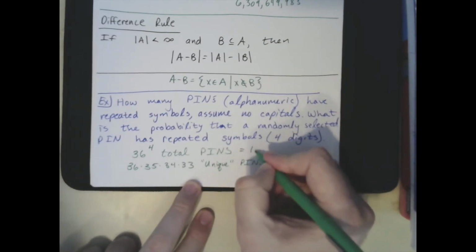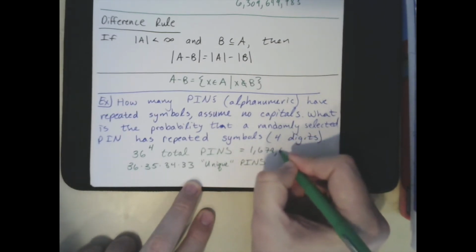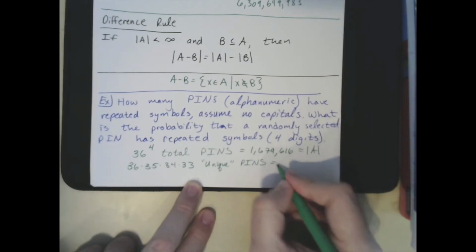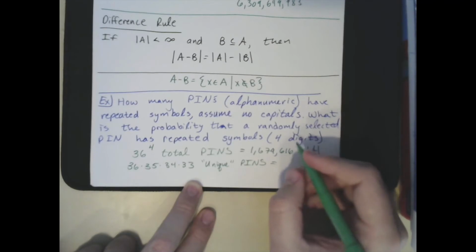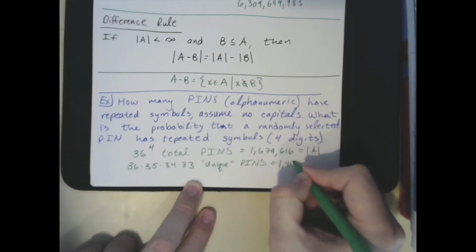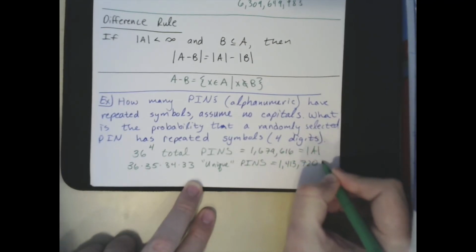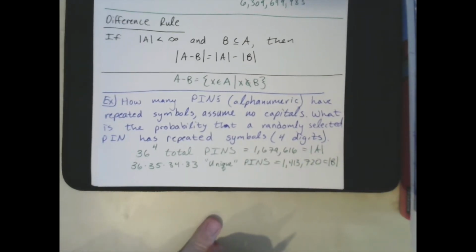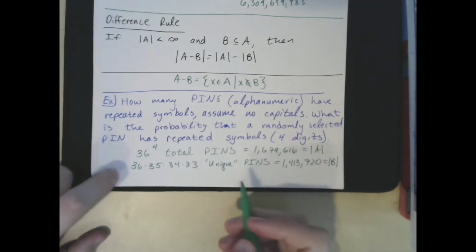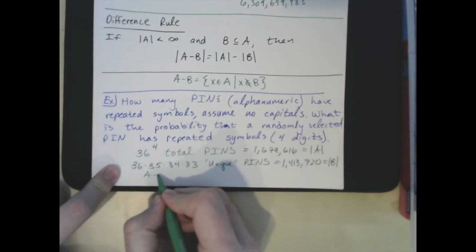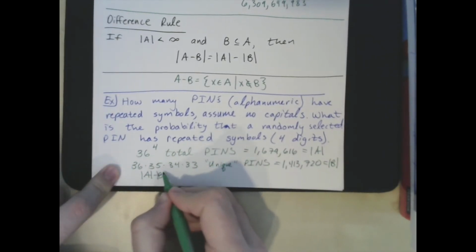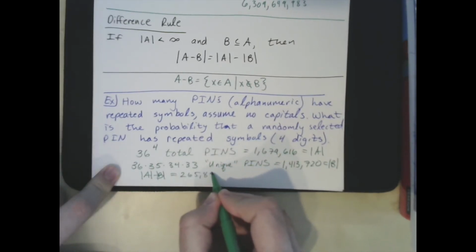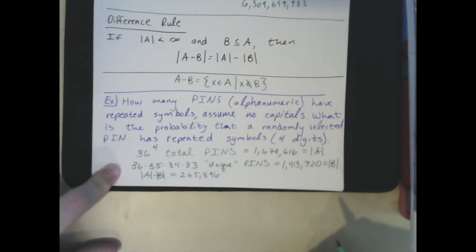36 to the 4th is 1,679,616. So this is the size of A. And 36 times 35 times 34 times 33 is 1,413,720. And this is the size of our B, so to speak. And so A minus B is 265,896. These are repeated.